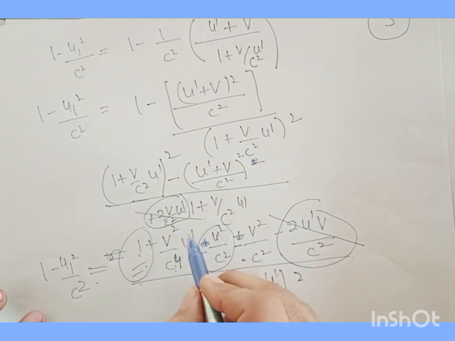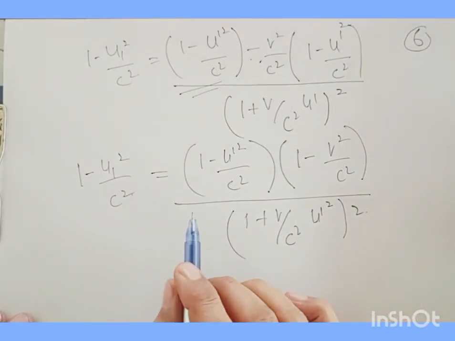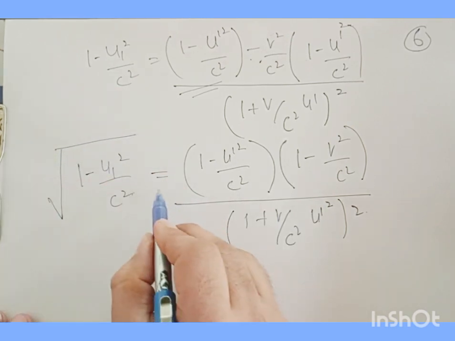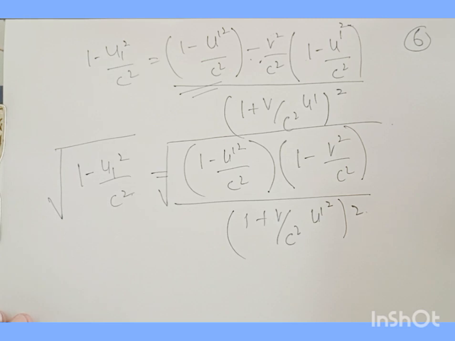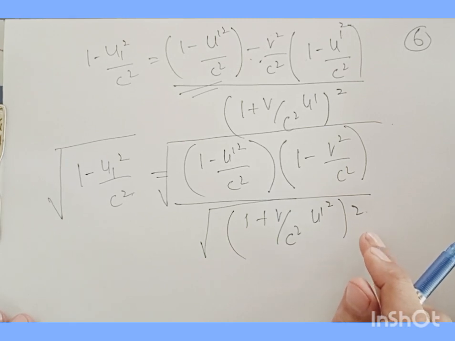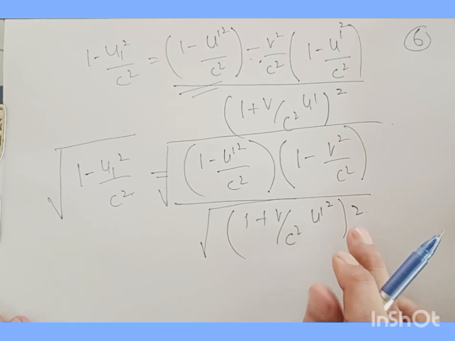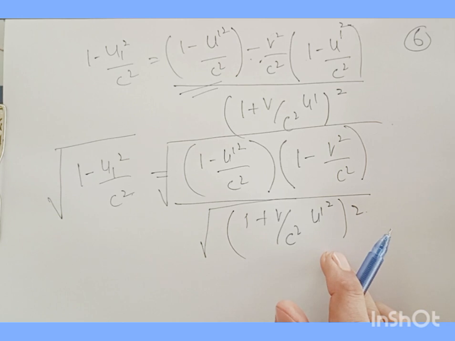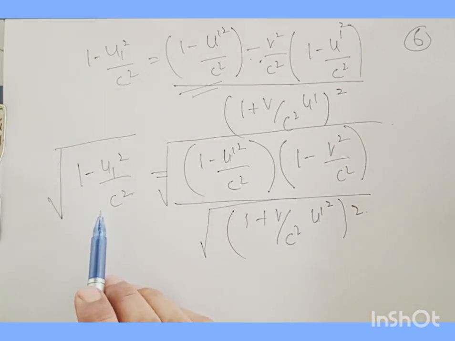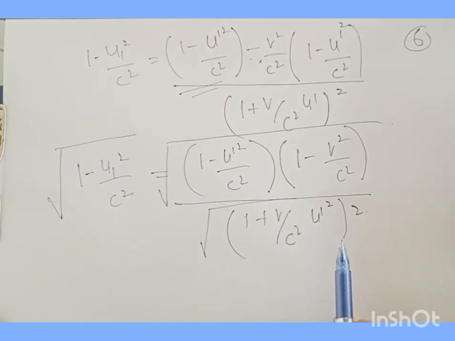So u dash square is incorporated here, and if we put roots on both sides, like this, the square and root can cancel, and we have the final equation in terms of the roots that we have taken on both sides.